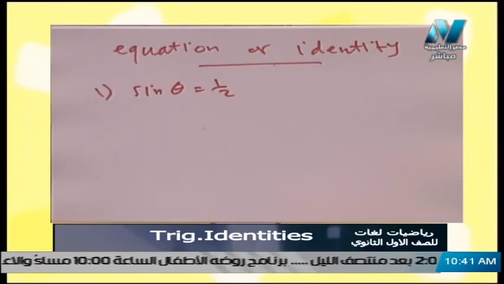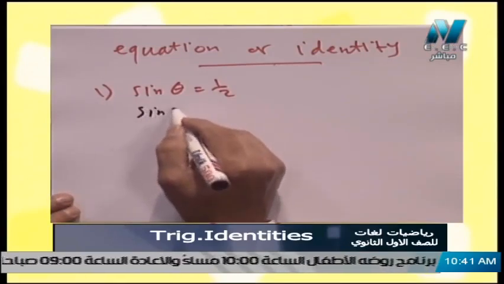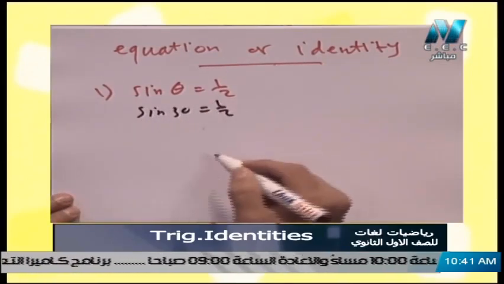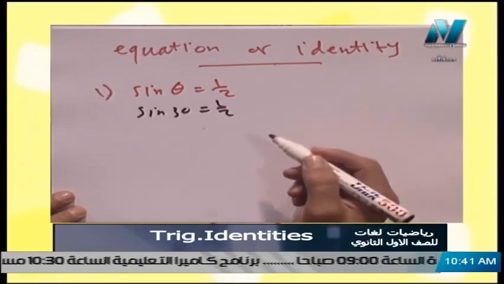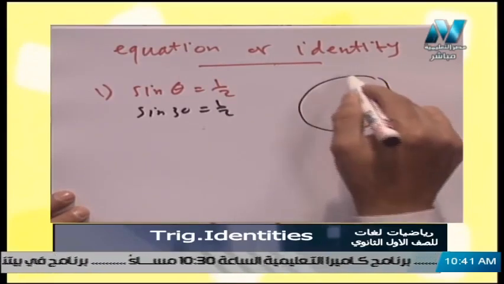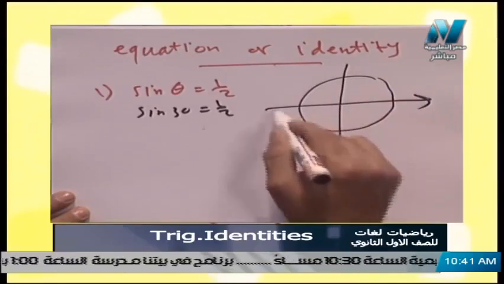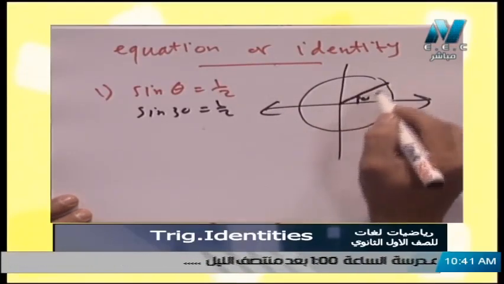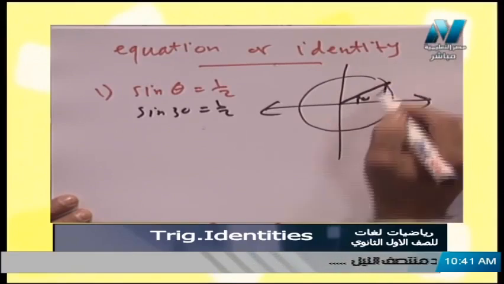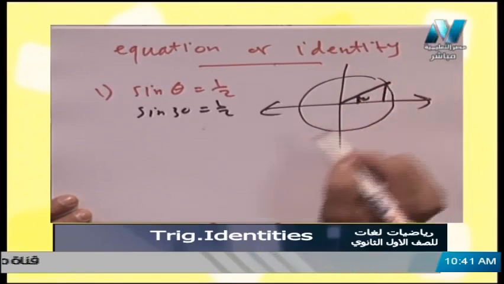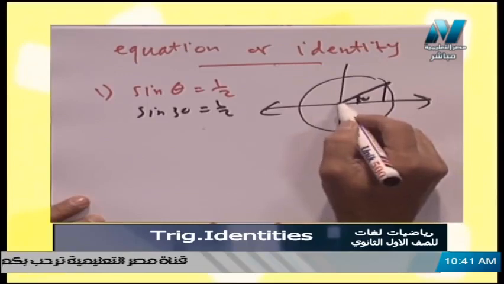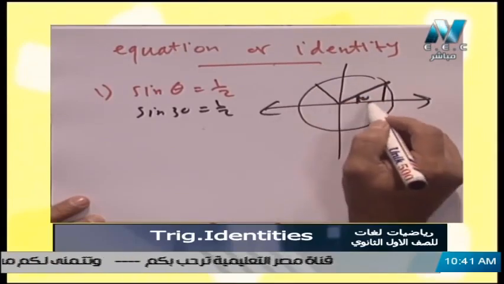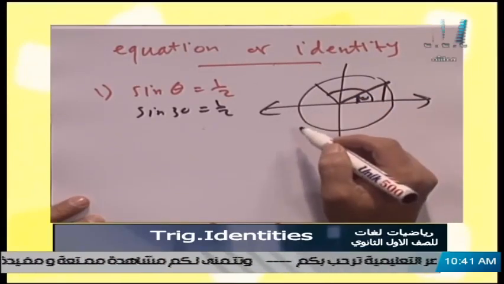We know that sine 30 equals half. And what else? If we have the unit circle as we studied before, we have 30 degrees here, and this is the point, and we have 150.